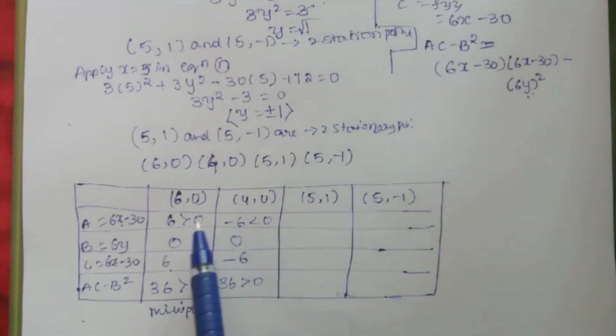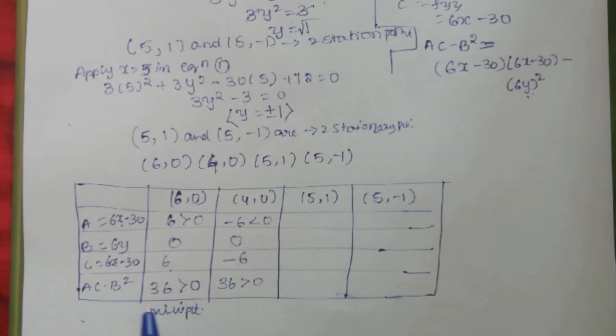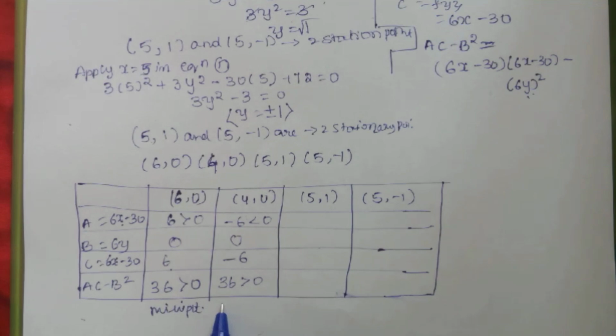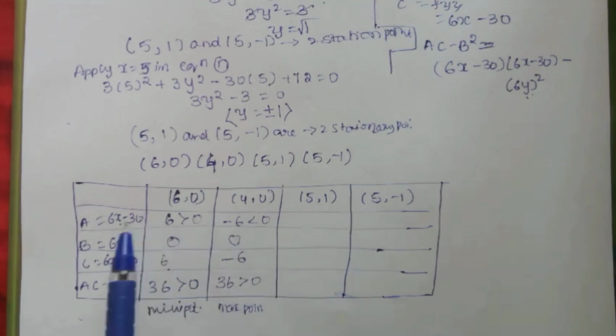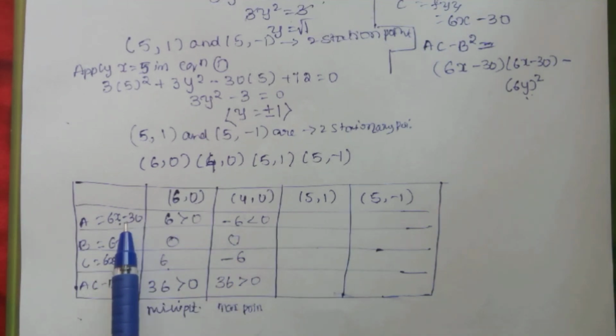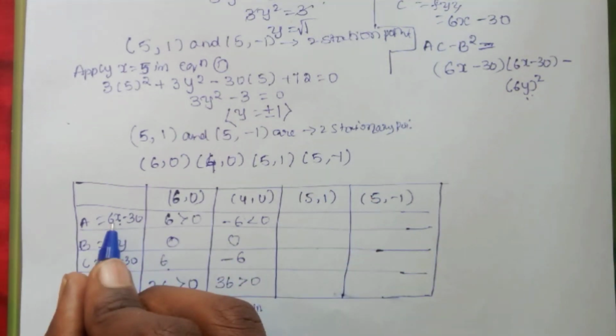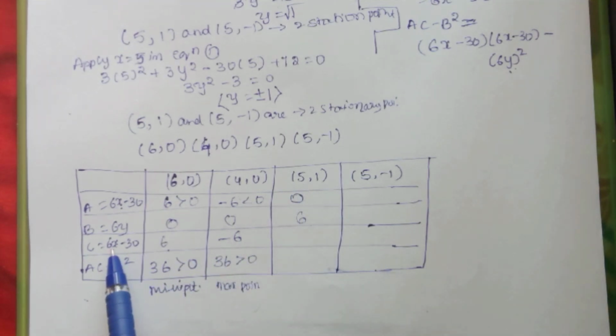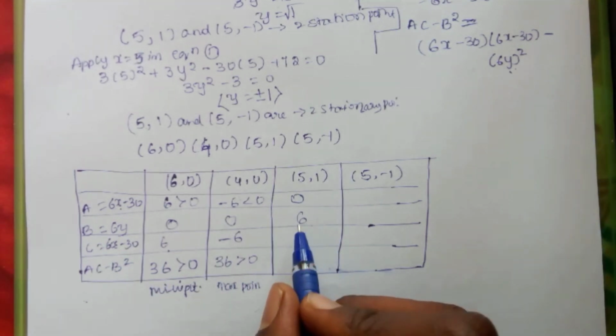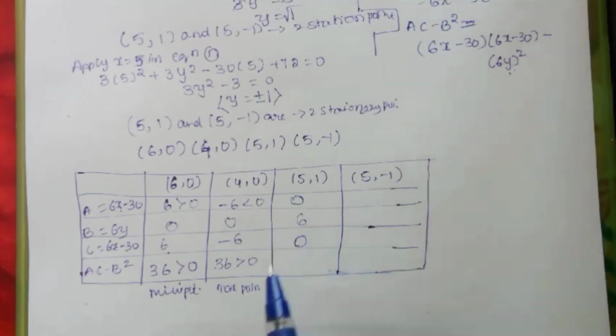Here A is less than 0 and AC - B² is greater than 0, hence it is considered a maximum point. Apply x = 5 and y = 1. When x is 5, A and C become 30 minus 30, which is 0.